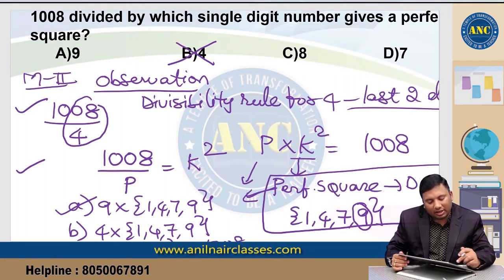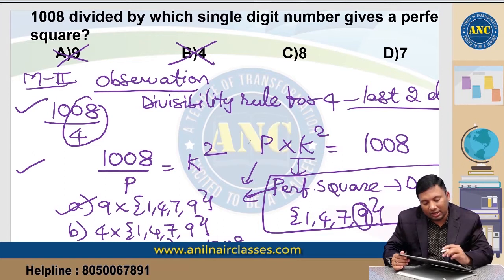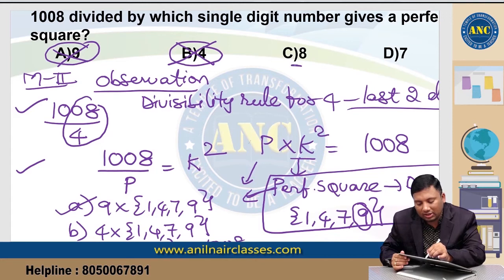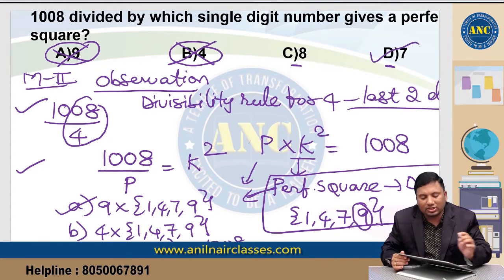Is 9 giving me 8 at the end? 9 2s are 18. This is also not possible. Is 8 giving any possibility? 8 2s are 16, 8 3s are 24, 8 7s are 56, 8 8s are 64. It is not giving me. That means through sheer observation, these two options are out. The answer could be this or this, which you can check.